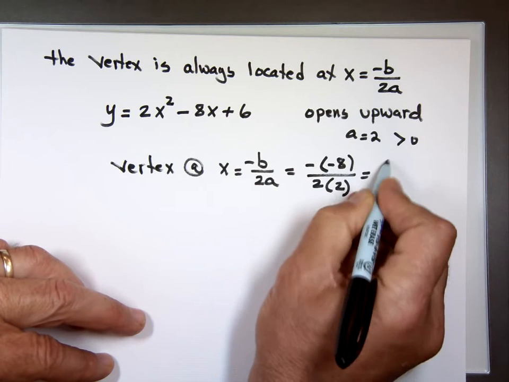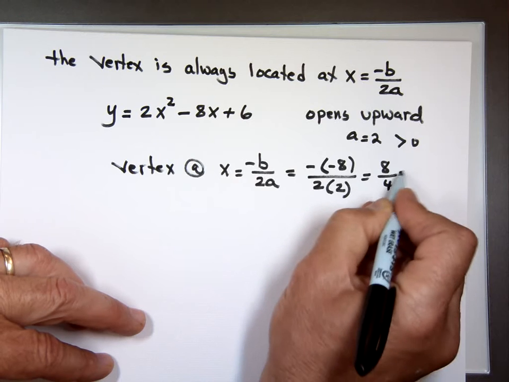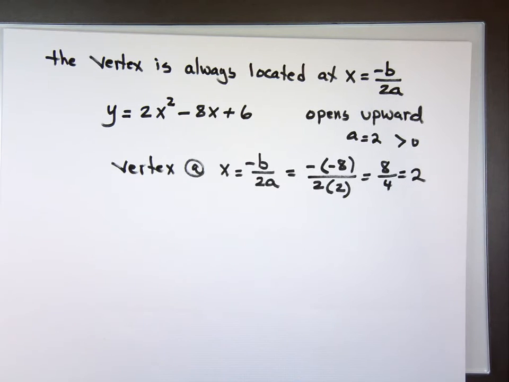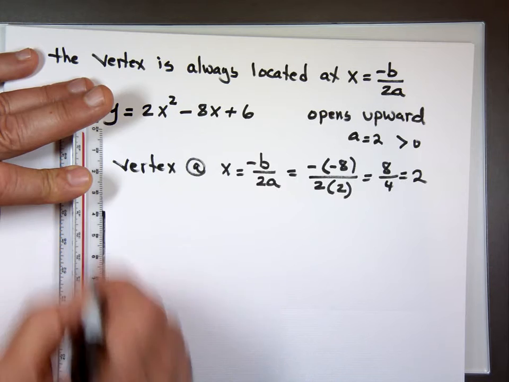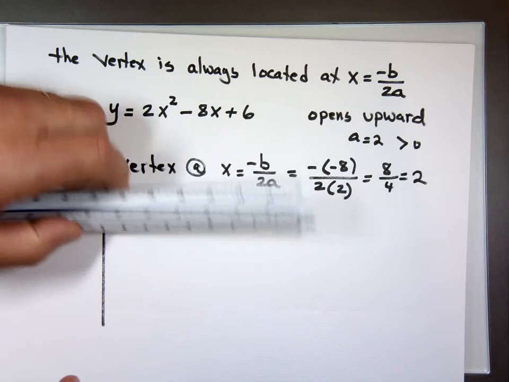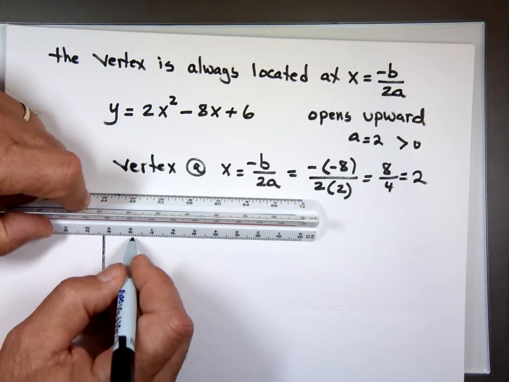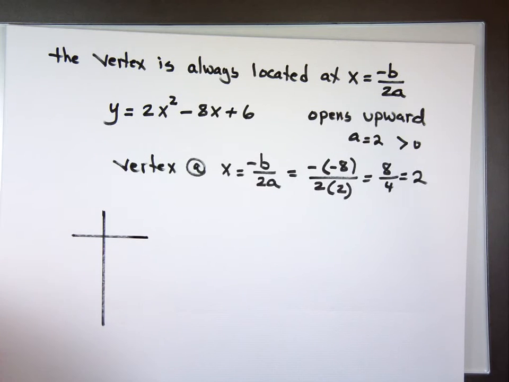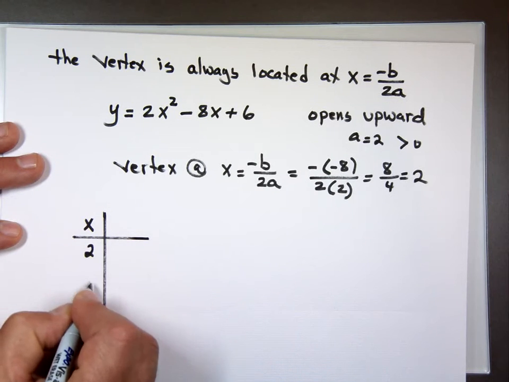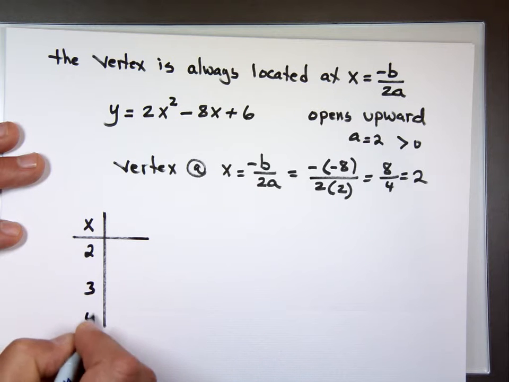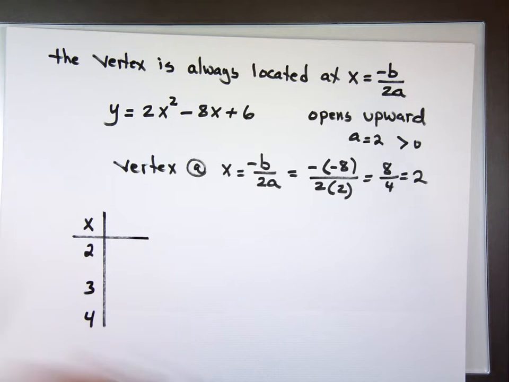So I got 8 over 4, which is 2. So if I'm going to graph that, I'm going to make a little table here, x versus y. I'm only going to pick values on one side of that vertex. So since the vertex x here is 2, I'll use the 2, the 3, and the 4. That's all I need, a couple of points. I don't need 10,000 points. I know it's symmetric.